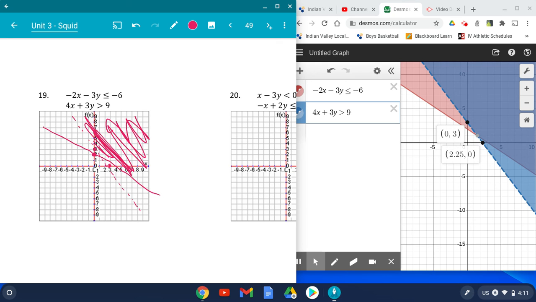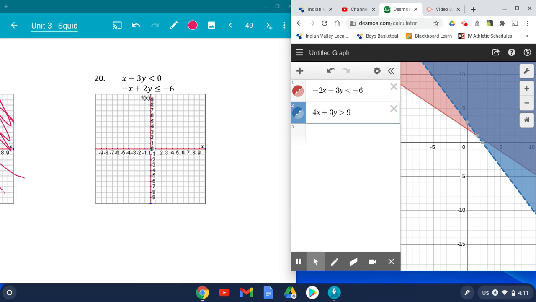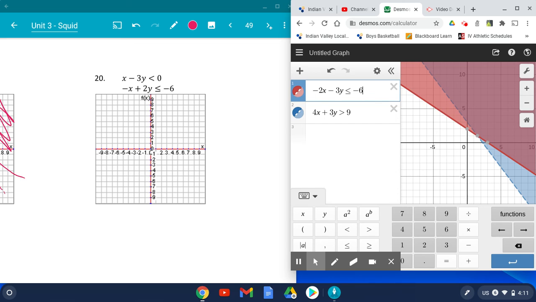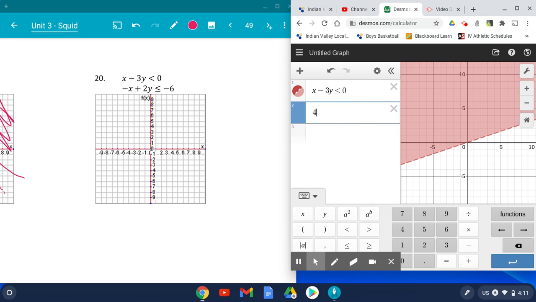Cool. Last question. We got x minus 3y, negative x plus 2y.